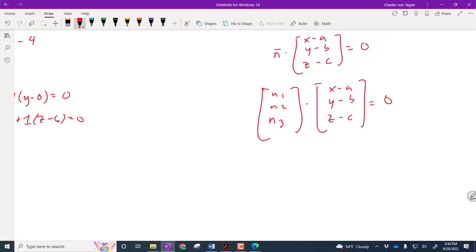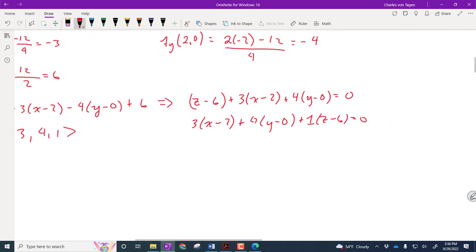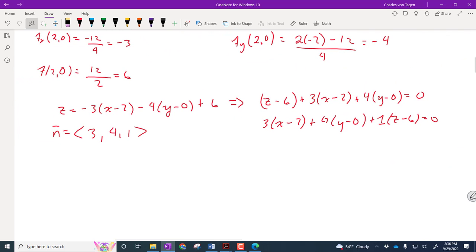Then if I do the dot product, I get n1 times (x minus a) plus n2 times (y minus b) plus n3 times (z minus c) needs to equal 0. And when I have it in this form, I can just read the entries of the normal vector. That's what I did here: I put it into that form and then read the entries of the normal vector.